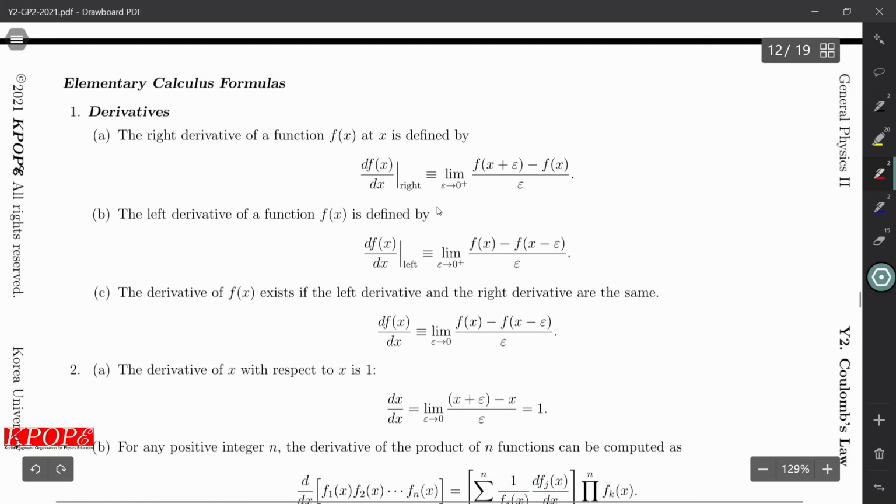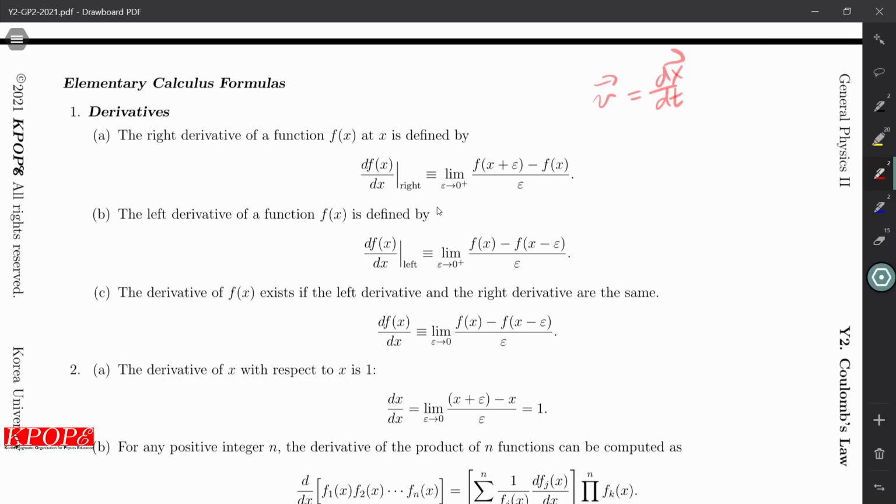In the remaining part of this lecture, I will summarize mathematical formulas that are frequently used in this class. First of all, derivatives. The velocity is the time derivative of the displacement vector.